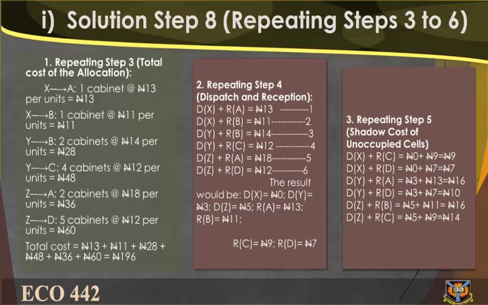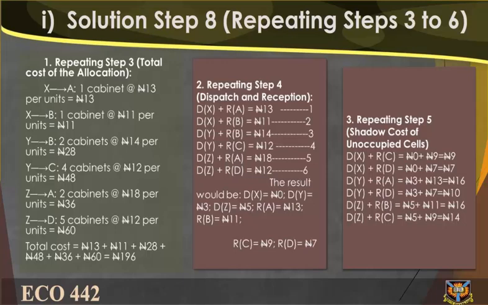3. Repeating step 5. Shadow cost of unoccupied cells. D(X) plus R(C) equals 0 naira plus 9 naira equals 9 naira. D(X) plus R(D) equals 0 naira plus 7 naira equals 7 naira. D(Y) plus R(A) equals 3 naira plus 13 naira equals 16 naira.